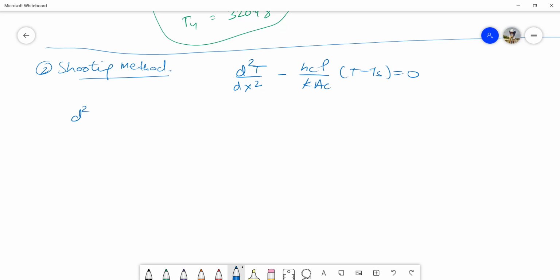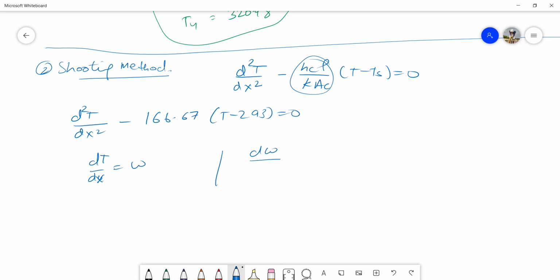So putting all the values of these parameters, our equation is again somewhat the same. This is 0.67. So dT by dx will be represented as w, and the other equation will be dw by dx equal to 166.67 T minus 293. So we have two equations. The initial condition was at x naught equal to 0, T naught was 473.